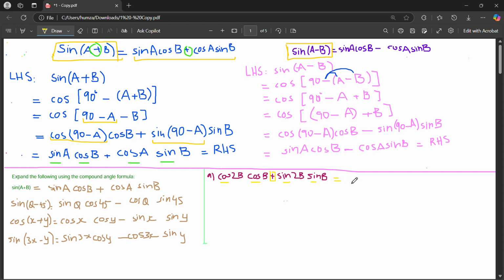From the pattern we can deduce this is a cos compound angle, and for the cos compound angle we say that we are going to use the opposite sign in the bracket from the expanded form. So there is a positive sign in the expanded form, we will use negative sign. Now this is 2b, this is one angle, and b, this is another angle. So we will say 2b and b. So the answer in the single term is cos 2b cos b plus sin 2b sin b is equal to your cos 2b minus b.